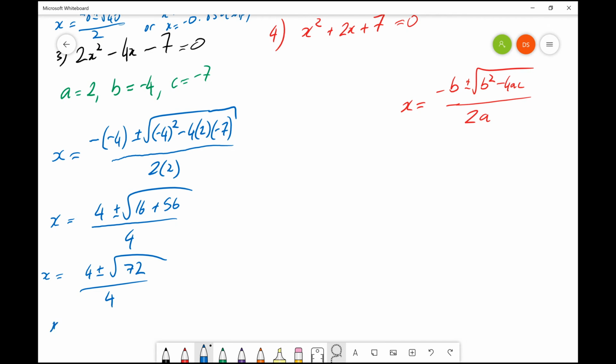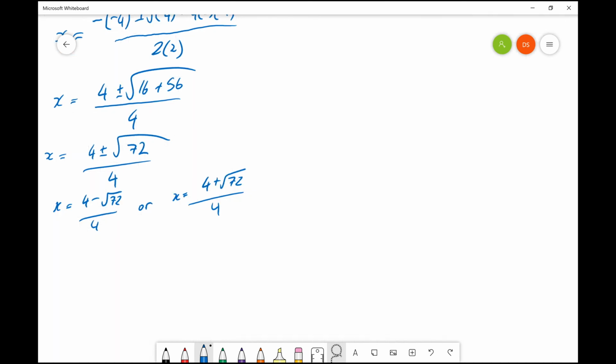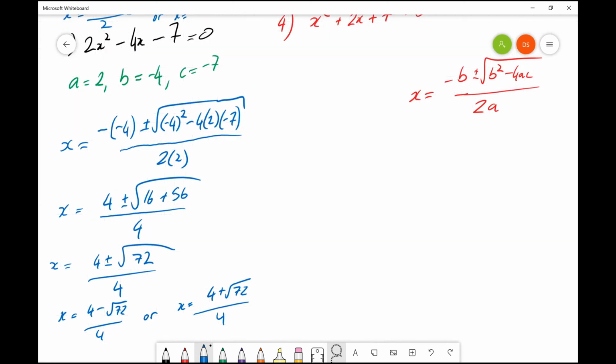And once again, I'm going to type these into my calculator. I'm going to do the minus first, or x equals. Okay, really, really important that you check that. Okay, and I'll just get this in my calculator. And actually, I'm not going to scroll down. I'm going to try and put it over here somewhere.